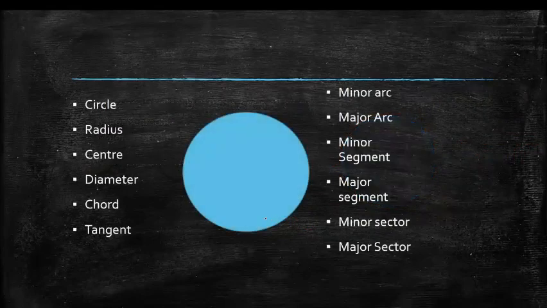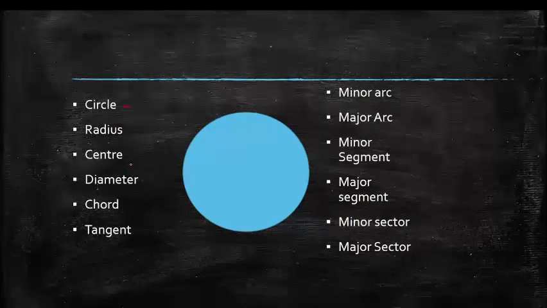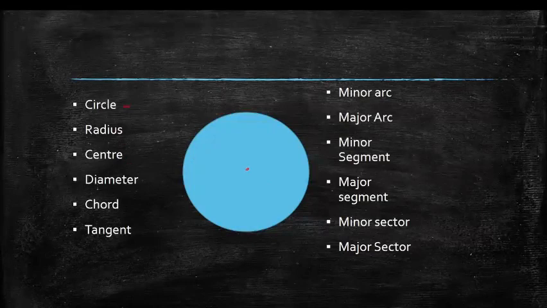Now let us have a quick recap of all the things. We have talked about the circle. The circle is the set of points on a plane, right, that are at a fixed distance from a fixed point; this set of points makes a circle. Then we have the radius, that is the distance between the fixed point and the boundary of the circle.